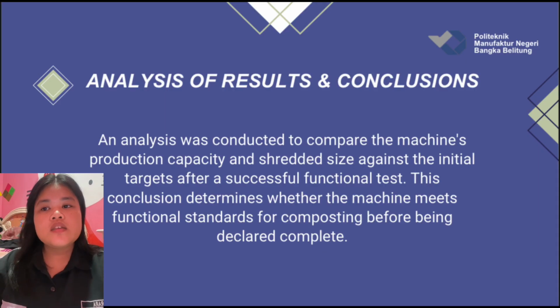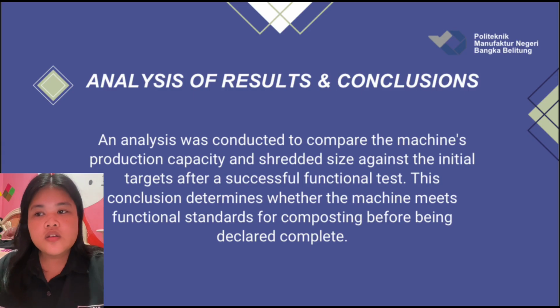An analysis was conducted to compare the machine's production capacity and shredded size against the initial target after a successful functional test. This conclusion determines whether the machine meets functional standards before being declared complete.